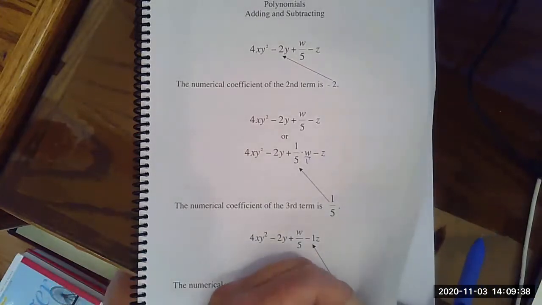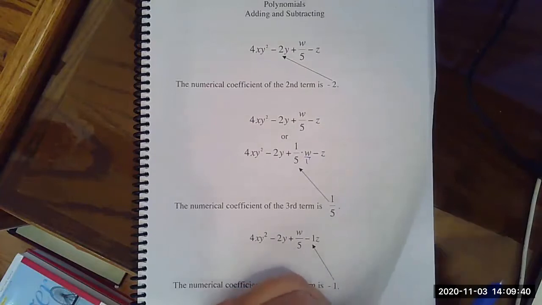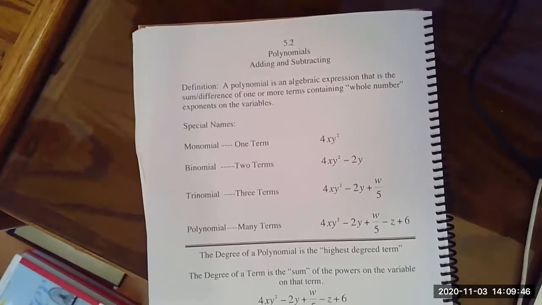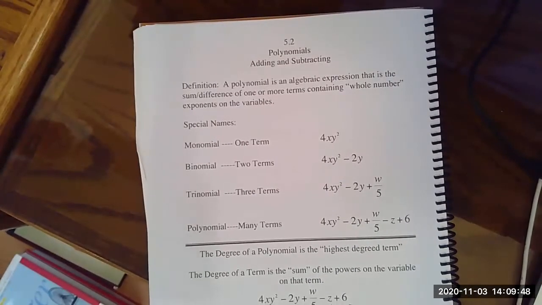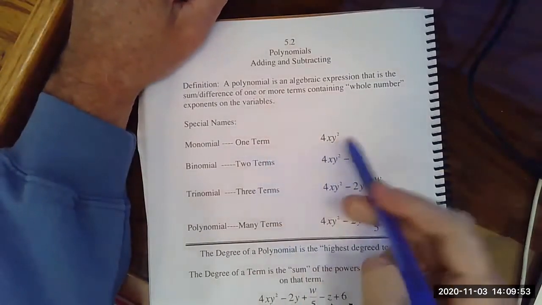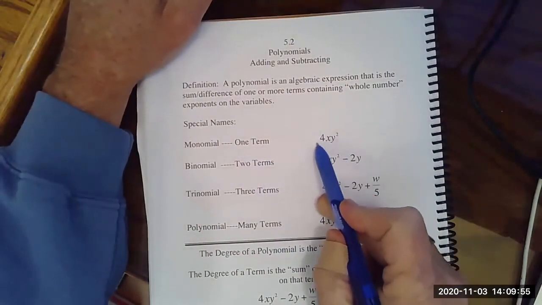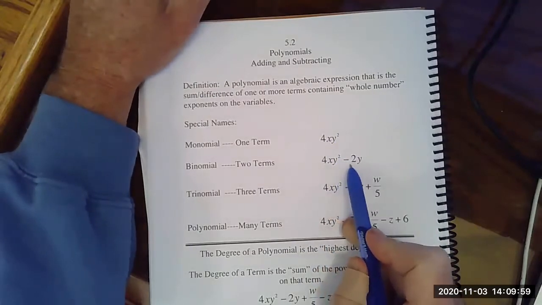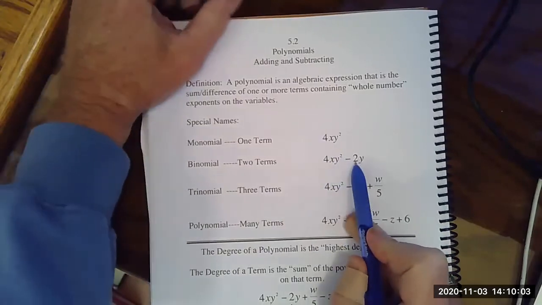We have terms, numerical coefficients. We've had powers or exponents in the past. Now we're going to have some names for how many terms gets a special title. If you've got one term, it's called a monomial. Notice there's no addition or subtraction sign anywhere, where this one has a subtraction, so it's separating it into two different terms.